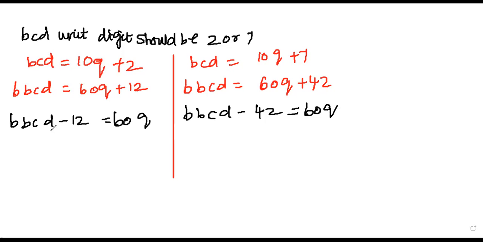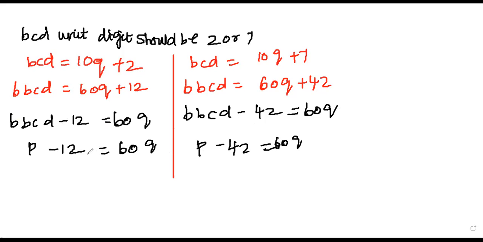And what is 6BCD? It is P, right? ABCD is P, isn't it? So P minus 42 is equal to 60Q. Okay. So you have P minus 12 and P minus 42.